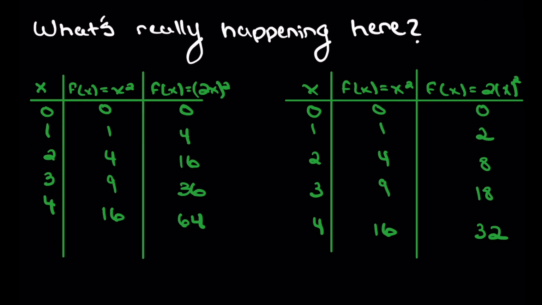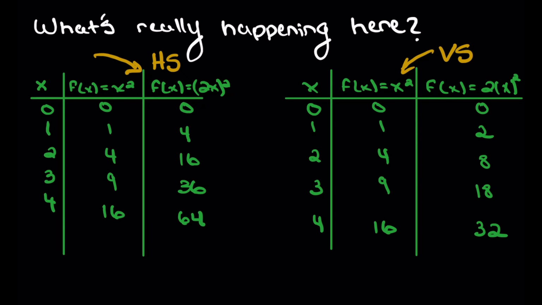When we look at our table of values for specifically the horizontal stretch first, our horizontal stretch is represented by this table and our vertical stretch is represented by this table. Well, when we look at our horizontal stretch, the pattern that's going on here is that for whatever x value it is, it has to be half the x value in order to get to the same value.